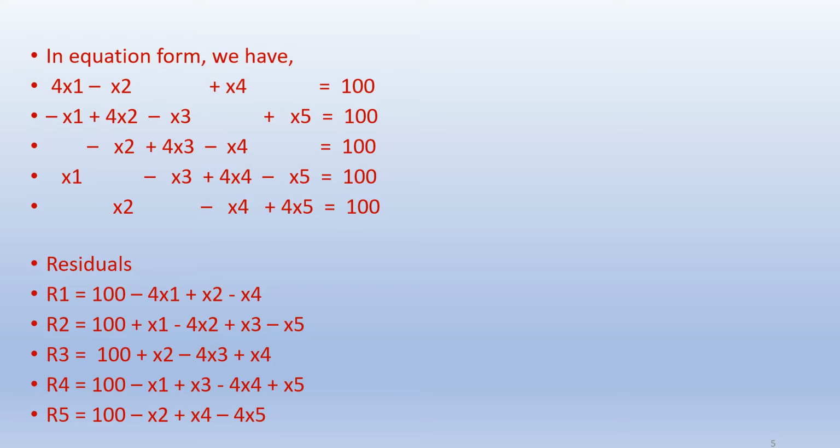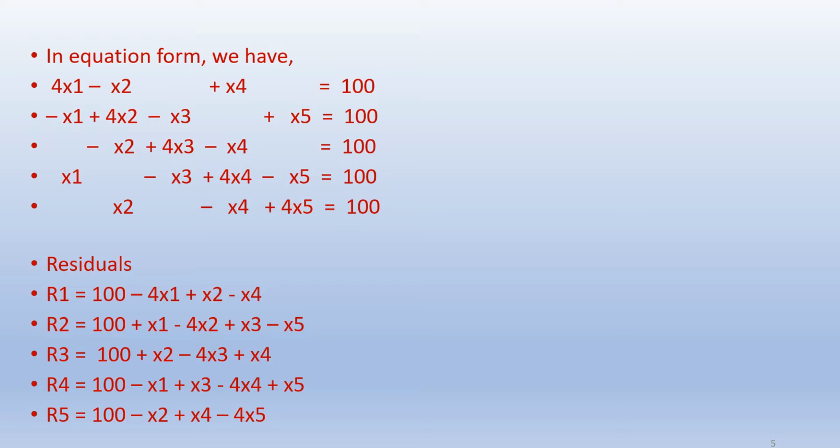The residual is given for the first equation as r1 equals 100 minus 4 times x1 plus x2 minus x4. If x1, x2, x4 are the true solutions for this set of equations, then the residual should be equal to 0.